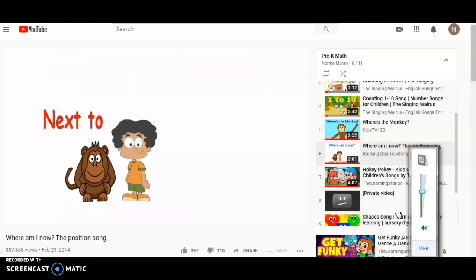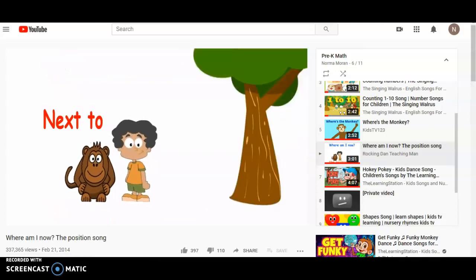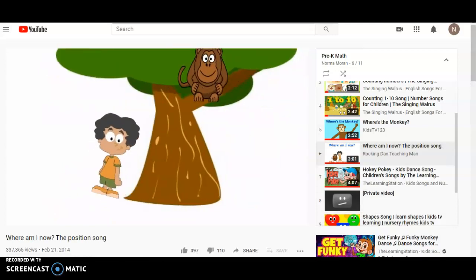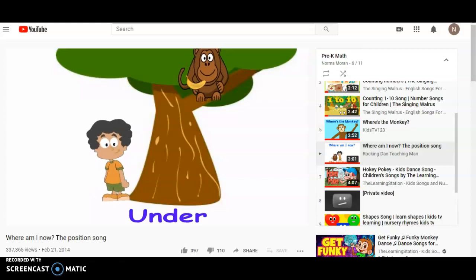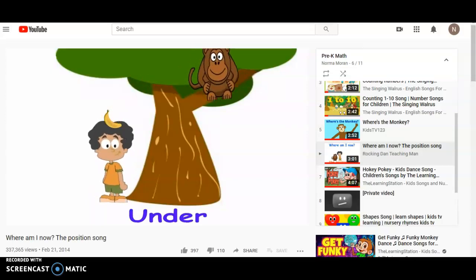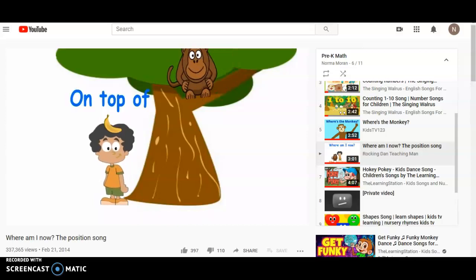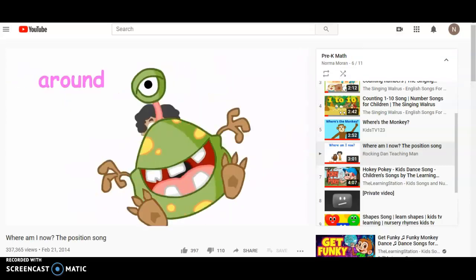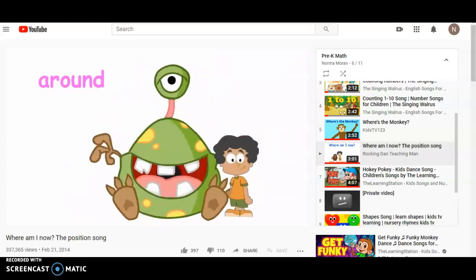Hey, hey, I'm standing next to a monkey. Oh yeah, now I'm under a tree. Hey, hey, there's a banana on top of me. Look out, I'm running around a monster.